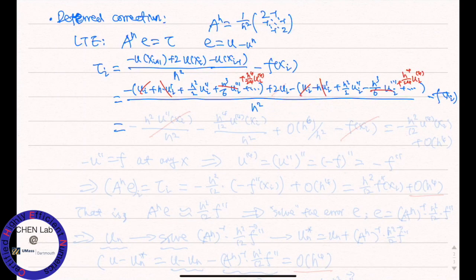The first even term, ui, and the 2 ui cancel.